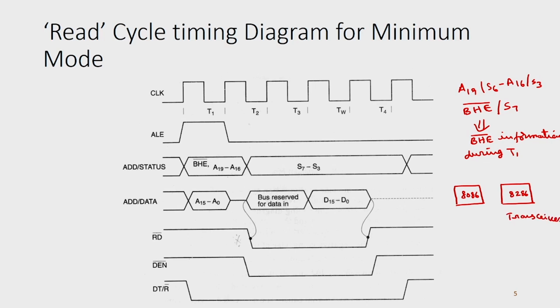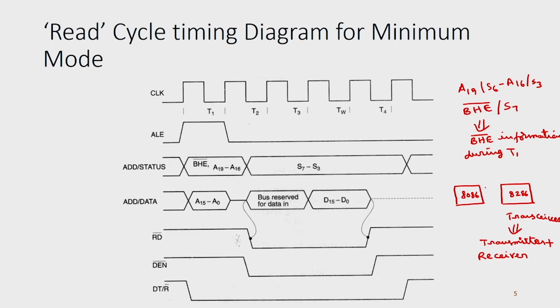Transceiver is a combination of transmitter and receiver. In the transmitter you take 'trans', in the receiver you take 'ceiver', so it is called transceiver. This 8286 will act as a transceiver, so the microprocessor can read data from 8286 or write data into 8286.